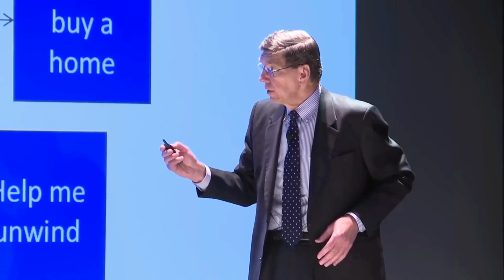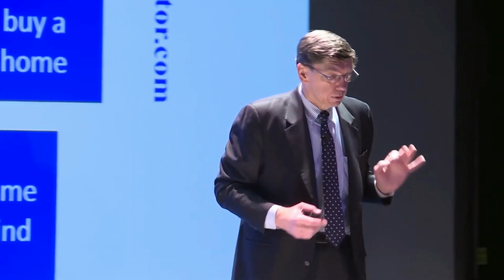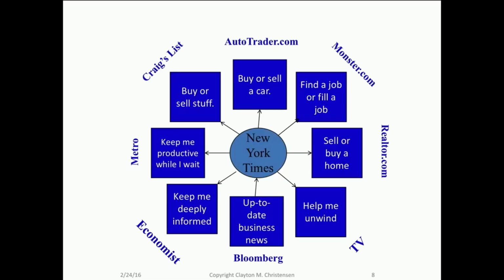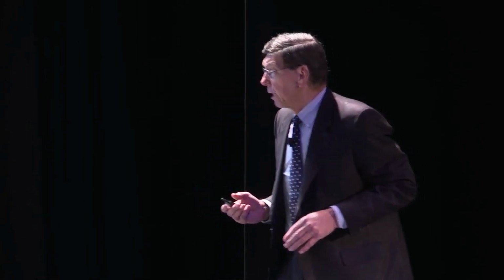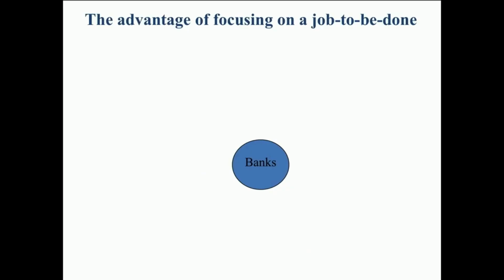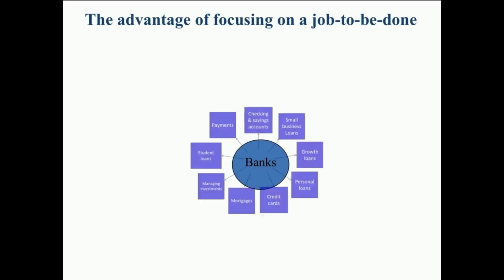And as they have done that, there have been focused competitors around a single job to be done. And by focusing on a single job, the New York Times, which tries to do everything for everybody, just loses its salience to most people, and they're going down the cliff. We see that now happening at banks. They had a focused job to be done at the beginning, but as they could see that those customers have other jobs to do, maybe we ought to make more and more so that our customers can do more and more business with us.